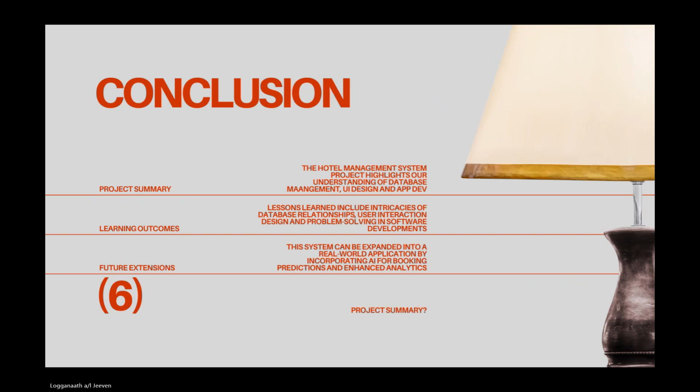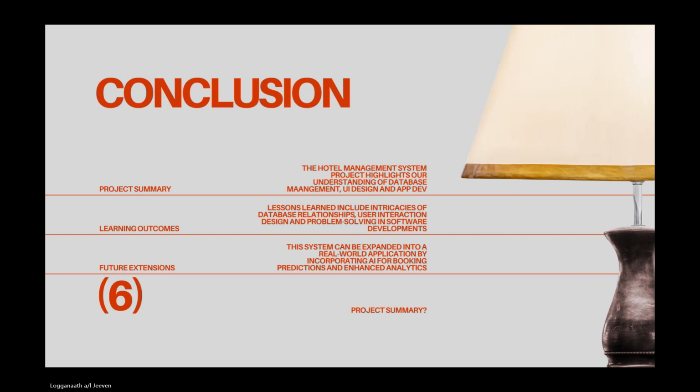Okay, for the conclusion, first we have the project summary, which is the hotel management system. The project highlights our understanding of database management, UI design, and app development. Second, we have learning outcomes.